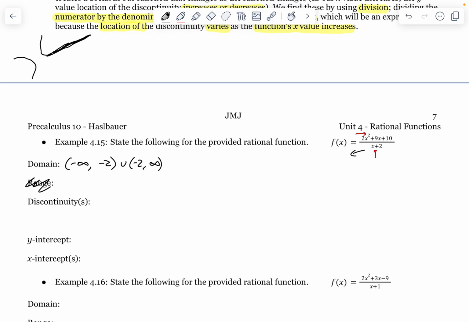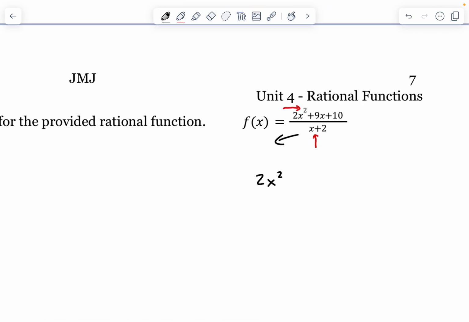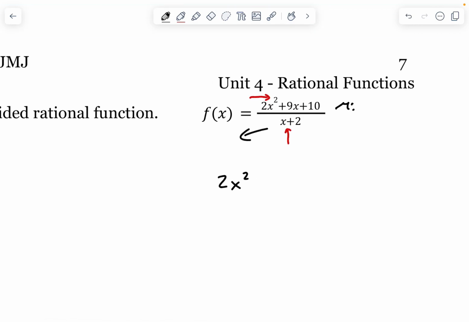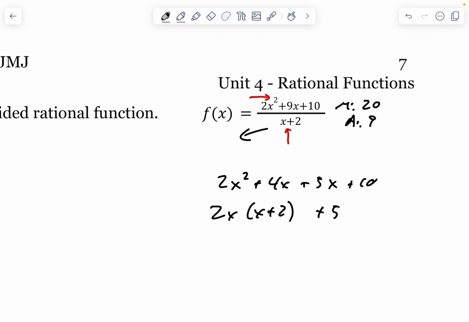So I'm going to pause on range for a second. Discontinuities. Can I cancel? Well, let's factor the top. I'm going to do it slightly more quickly, just not to go too slow. Multiply to 20, add to 9. I got 4 and 5. And here is me factoring.